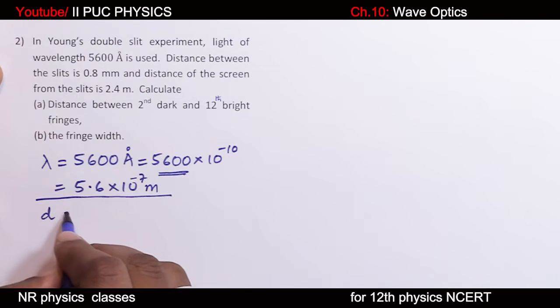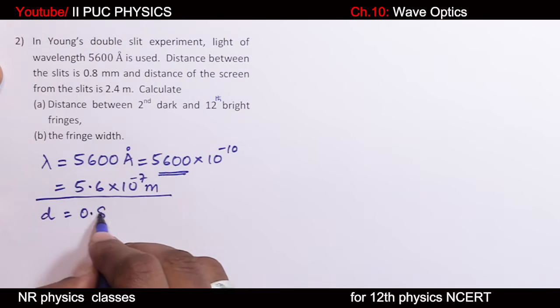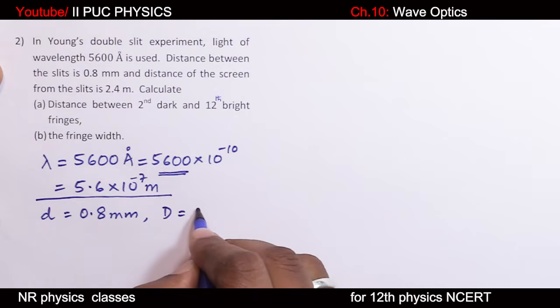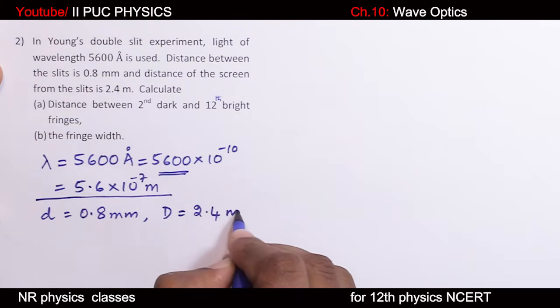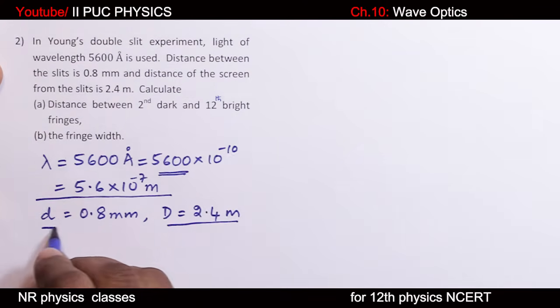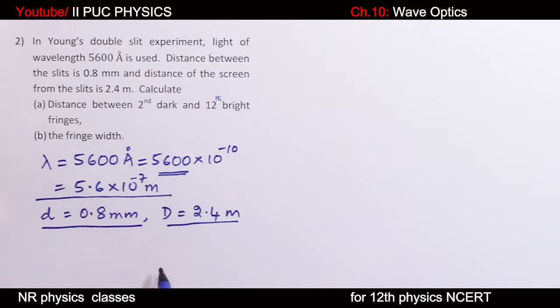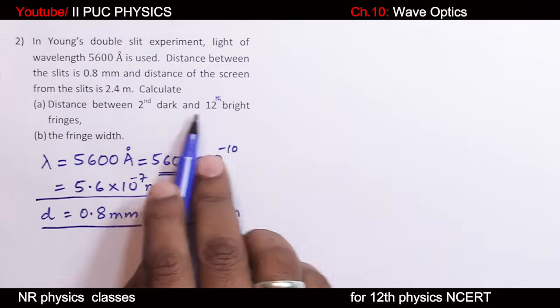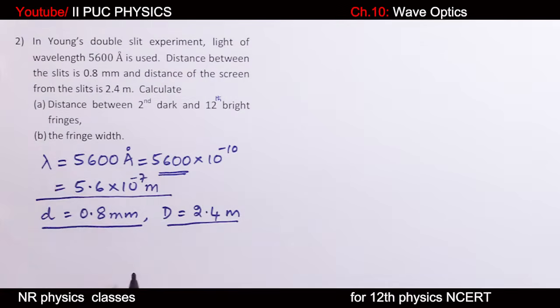Small d is 0.8 millimeter, distance between the slits, and capital D is 2.4 meter. Okay. Distance between second dark and 12th bright.